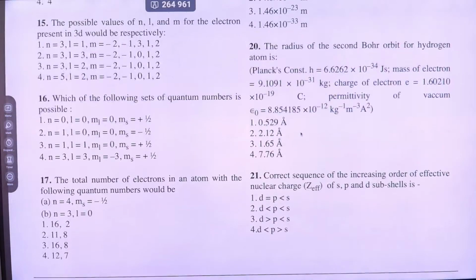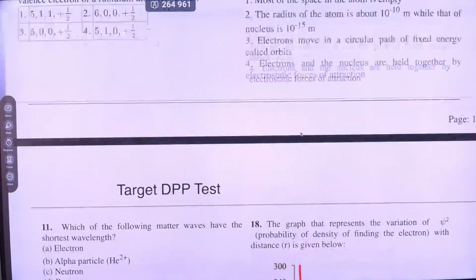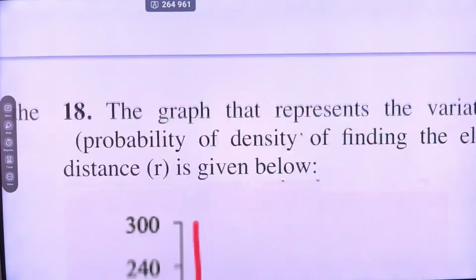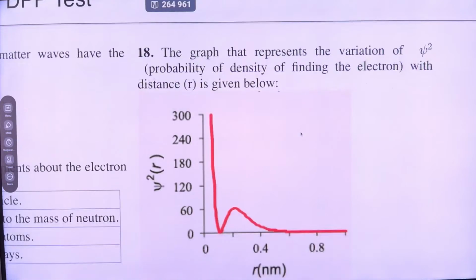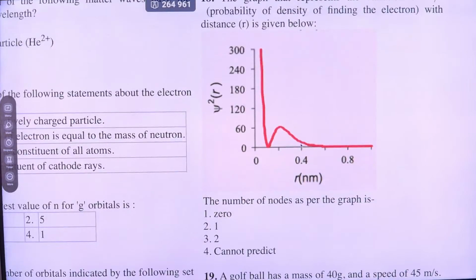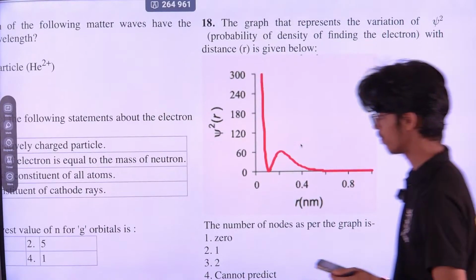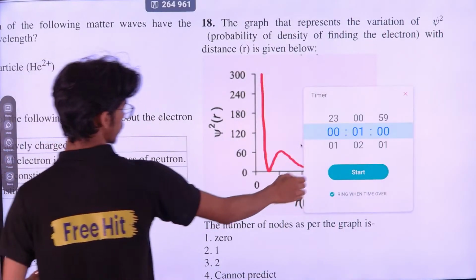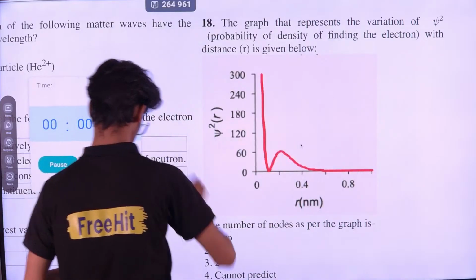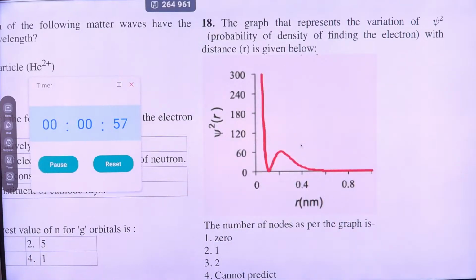Wait. Don't try to attempt the question right now. Let me just adjust the values. 16, option number 4. Well, I don't remember if 16 option number 4 is the right answer.